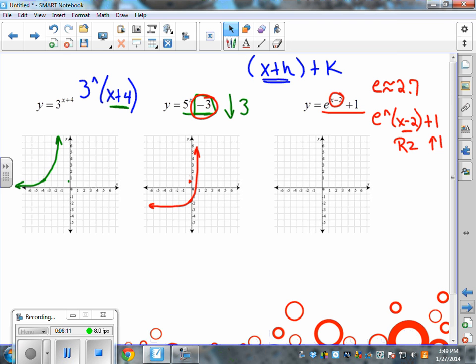So my point would have normally gone through 0, 1, but now I'm going to the right 2 and up 1. So that puts that point at 2, 2. Since it's an e, I don't expect it to be real steep, similar to 2 to the x or 3 to the x. And now since my point is at 2, 2, my asymptote has to be at 1, so I would not expect that graph to go down past 1.